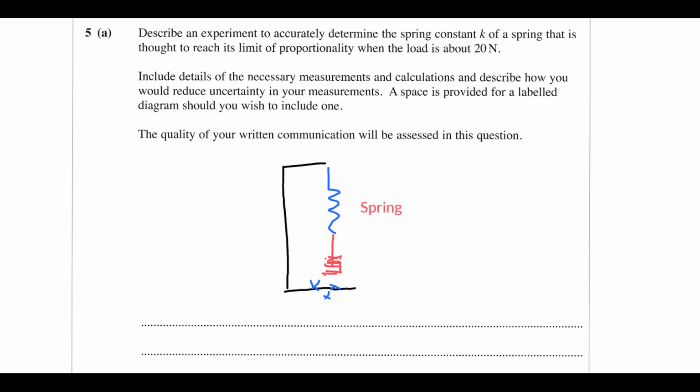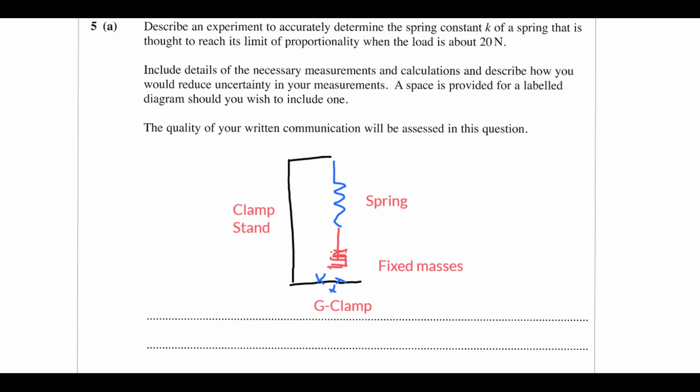This is your spring, this is your fixed masses, and then you've got your clamp stand, and right at the bottom I would have a G clamp as well. Those just make sure it can't topple over. Okay, so that's your general setup.